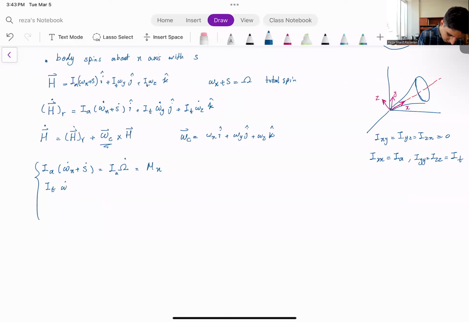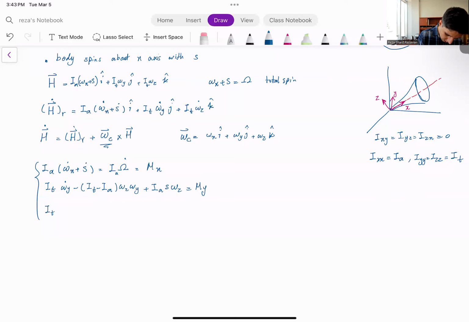IT omega dot y minus (IT minus IA) omega z omega y, wait, I'm missing one term, plus IA s omega z equals My.